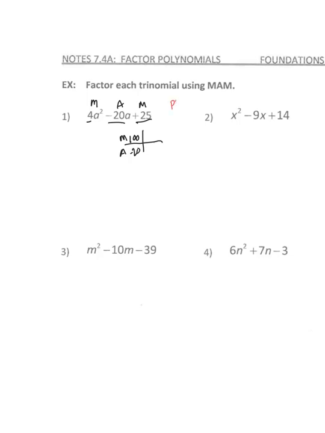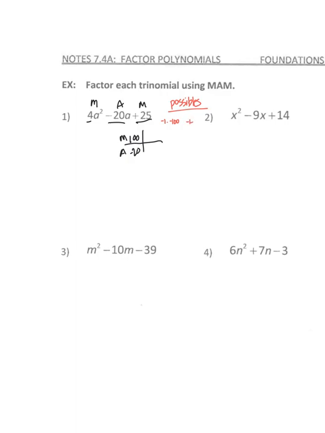So let's make my list of possibles off to the side. Two numbers that multiply to give me 100 would be, well, first of all, if I have a positive 100 and I want to add to get a negative number, that means that I'm going to multiply together two negative numbers. So that would be negative 1 times negative 100.